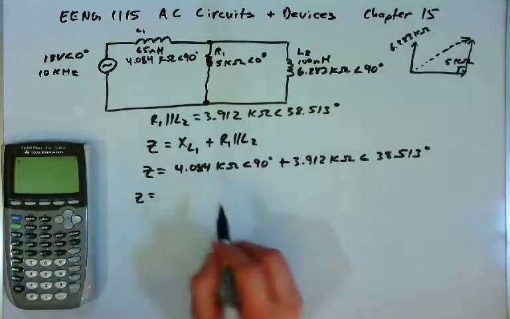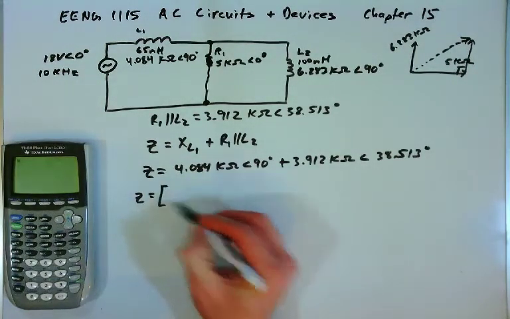and then add them and then convert them back to polar. And so the first vector, the x coordinate, we use the cosine.